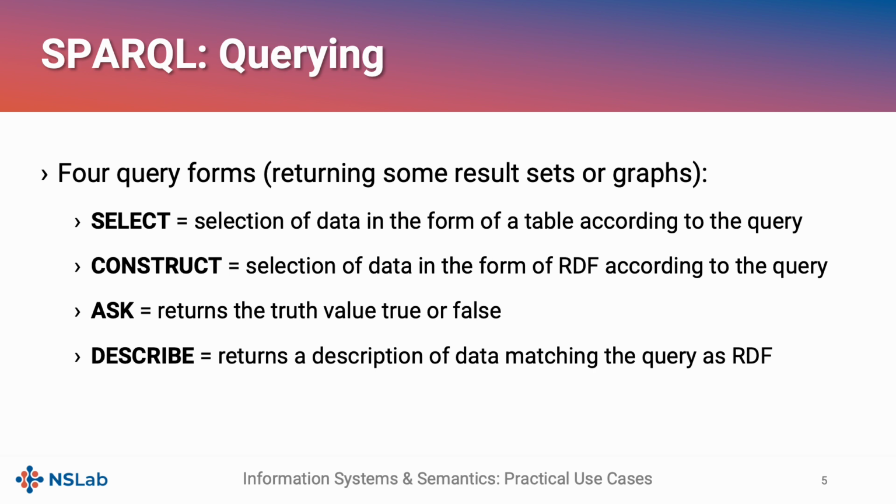And construct is to create some new RDF statements from the existing ones. Ask returns a truth value, true or false, based on the pattern, and describe returns a description of some resource or data matching the query. Let's take a look at each in a bit more detail.